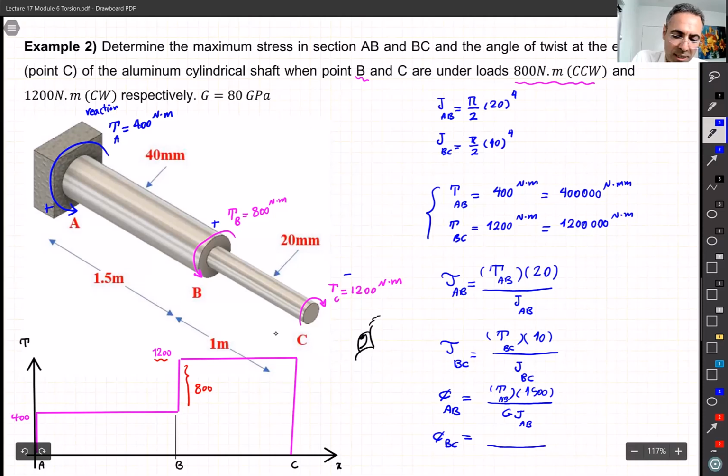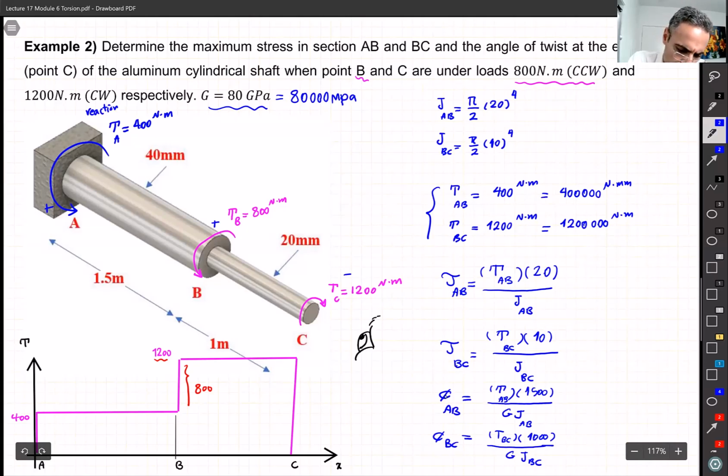And similarly here, TBC, its length is 1,000 millimeter. And G, J, BC. And don't forget this G, it is in gigapascal here, which converted to megapascal. All right. So we found the stress in AB, we found the stress in BC.